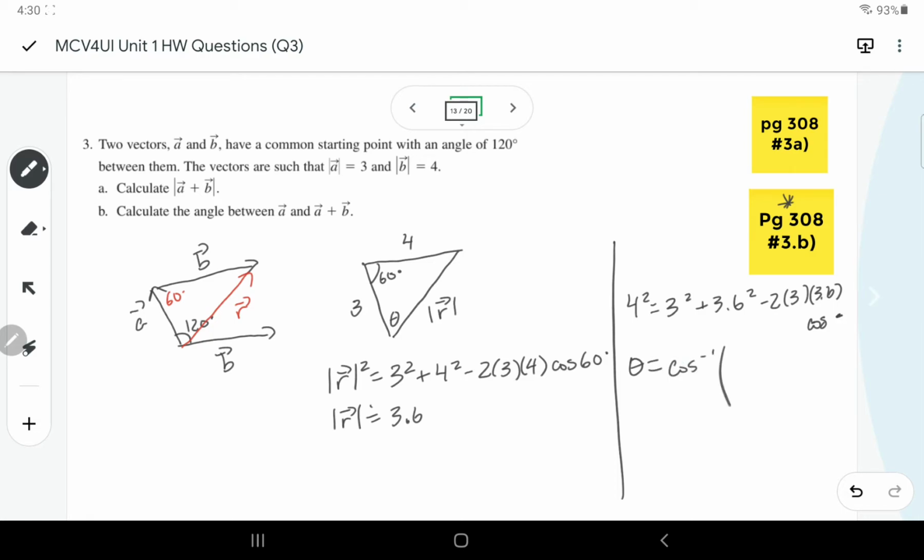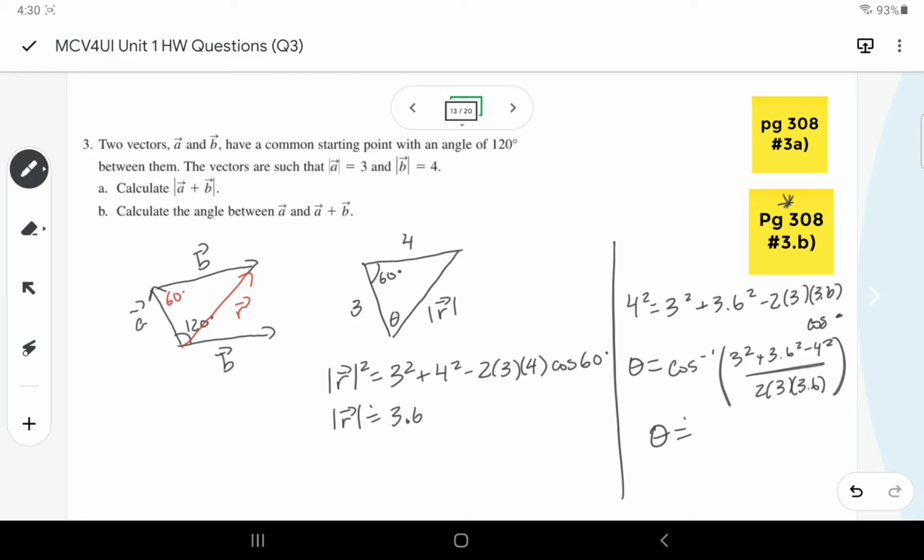So cos -1, and if you memorize this, I don't, but I probably should. 3 squared plus 3.6 squared minus 4 squared over 2 times 3 times 3.6. And I'm wondering if that might be what got some people on this question, if maybe that is actually an ambiguous case. 5.96 divided by 2 times 3 times 3.6.